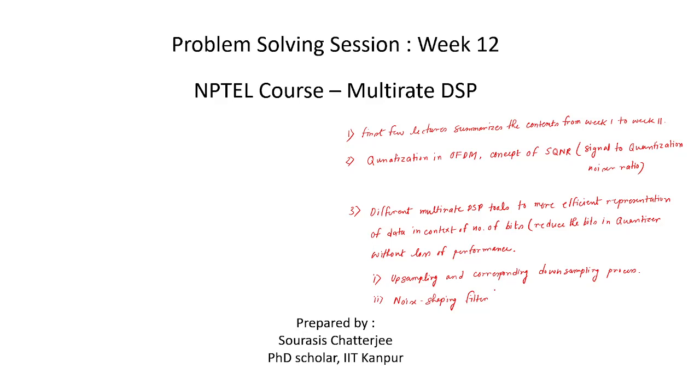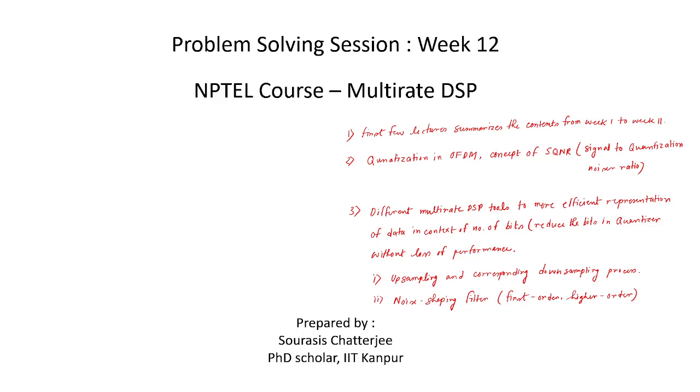And we have seen different versions of noise shaping filter, namely first order and higher order, second order and more, which is of course more complicated. So today's problem we are going to solve mainly revolves around this quantization in OFDM part, and how we can employ different multirate DSP.